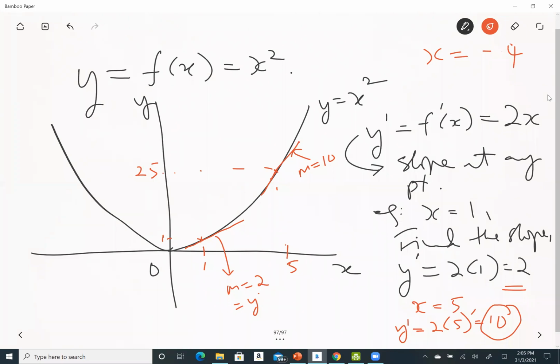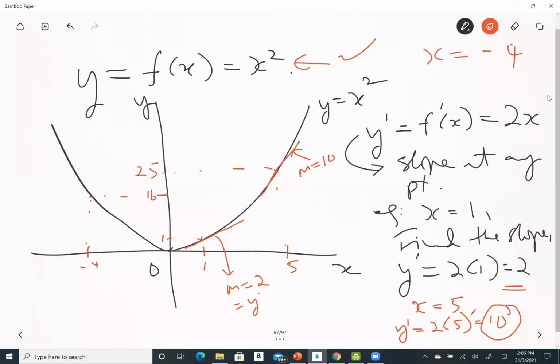The value of the function at x equals negative 4. Not the derivative, the value of the function: 16. So you have negative 4 somewhere here, and the value of y is 16. You have to use this function.